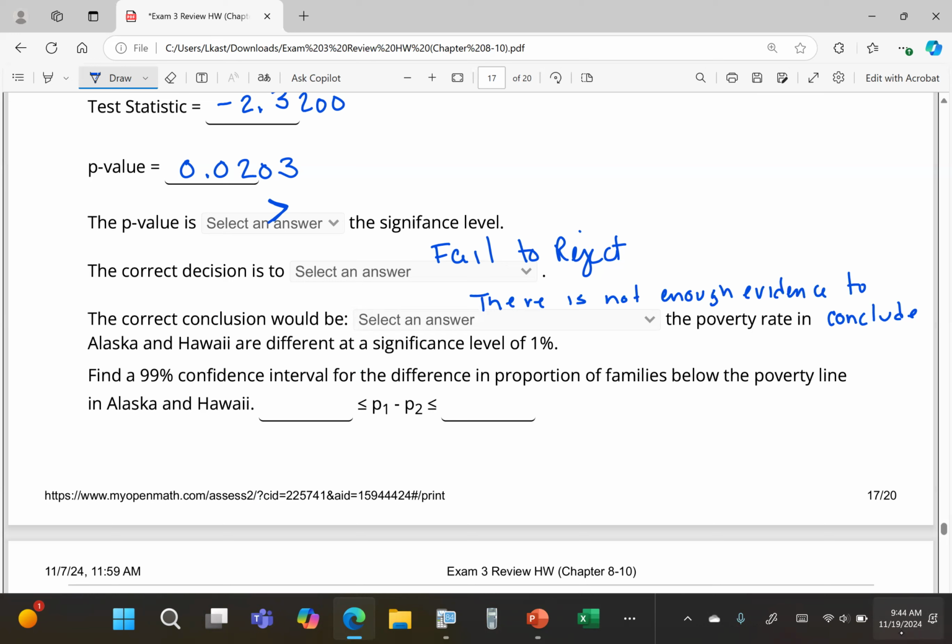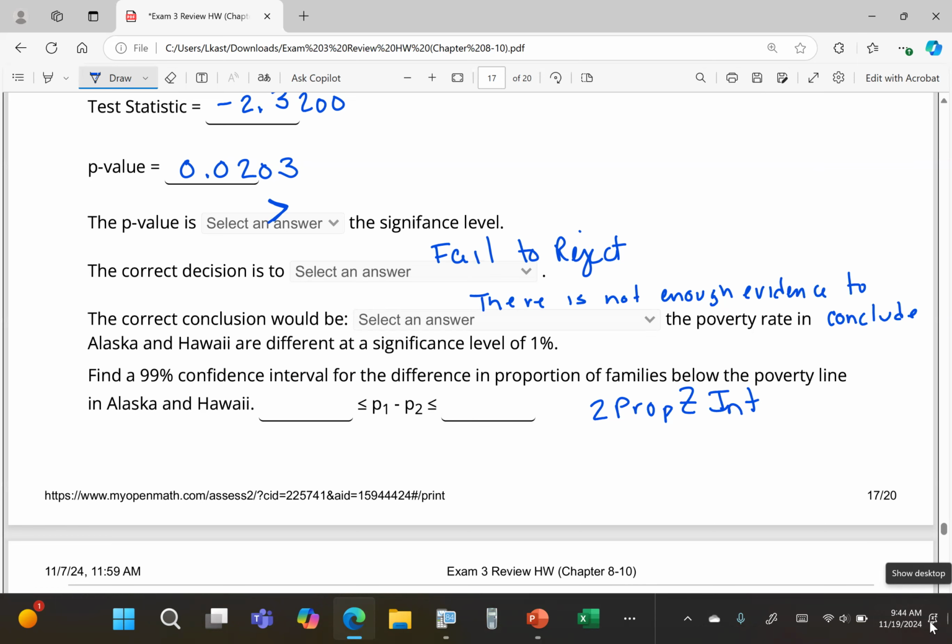And then it asks us to find the confidence interval. So for a 2 proportion test, we're going to use a 2 proportion z interval that will find the confidence interval for us. And they do say 99%, which would be correct.